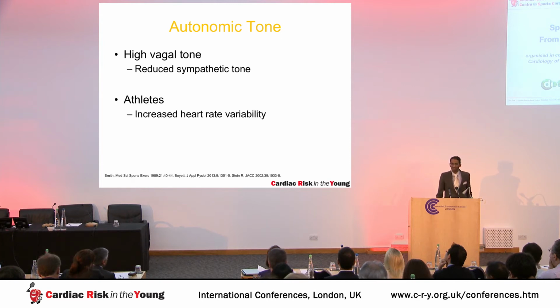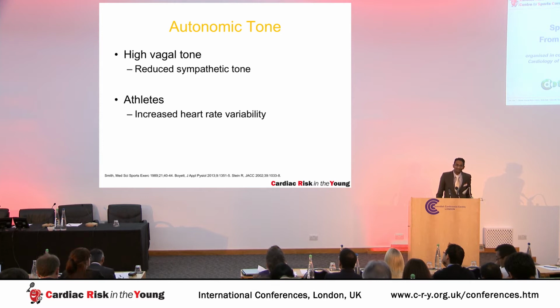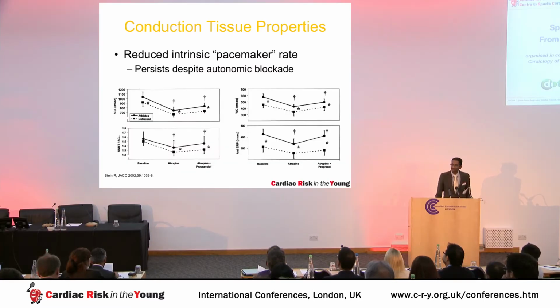We know from multiple studies that athletes have a high vagal tone and perhaps also demonstrate a slight reduction in their resting sympathetic tone. This is further evidenced by their heart rate variability being increased, often seen as sinus arrhythmia on an ECG in athletes. However, more recently, there is a growing body of evidence that suggests that athletic training also causes intrinsic changes within the conduction tissue of the heart in these athletes.